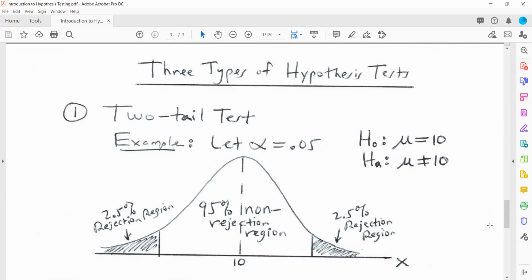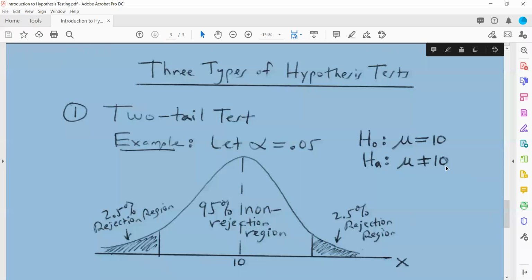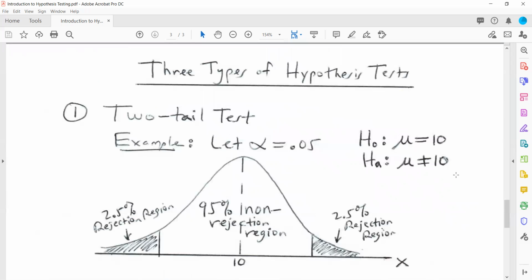Now, how do we determine which test to pick? It's the alternative hypothesis that determines it. And how do we determine the alternative hypothesis? The word problem that you're given will give you enough information to determine the alternative hypothesis along with the null hypothesis.